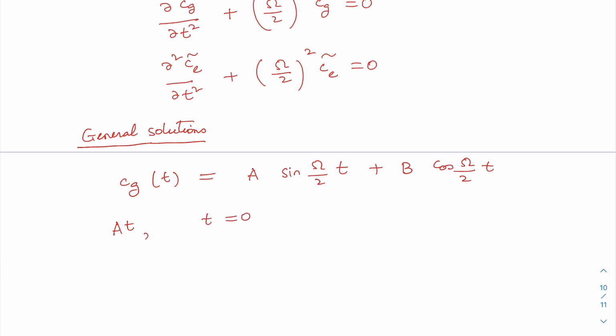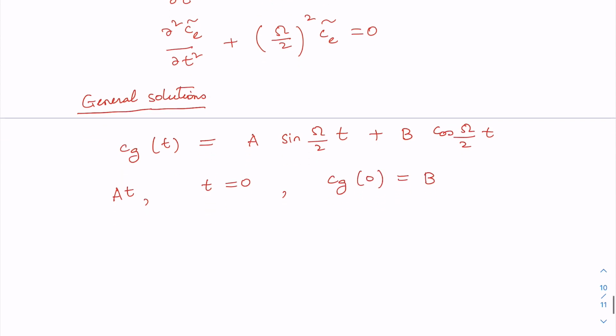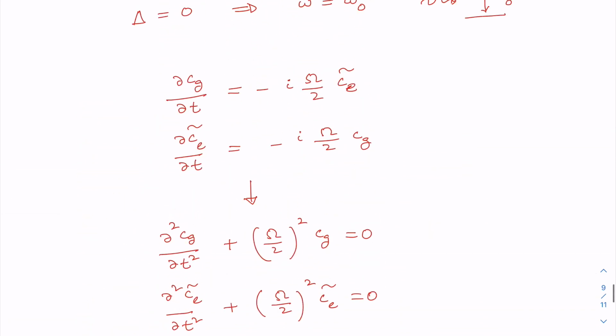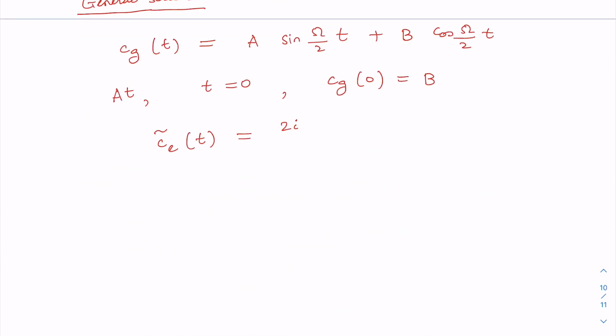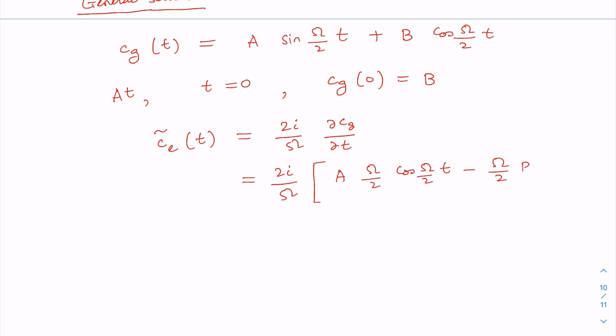Now let me find out these constants A and B. At time t equal to 0, I can write Cg(0) is equal to B. On the other hand, I can find the other constant A from this equation, because C̃e at time t, from this equation, I can write as 2i/Ω ∂Cg/∂t, and therefore I will get 2i/Ω [A Ω/2 cos(Ωt/2) minus Ω/2 B sin(Ωt/2)].